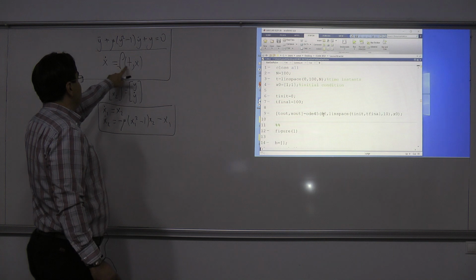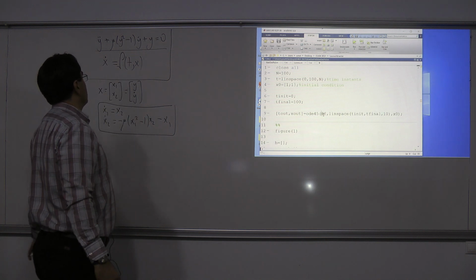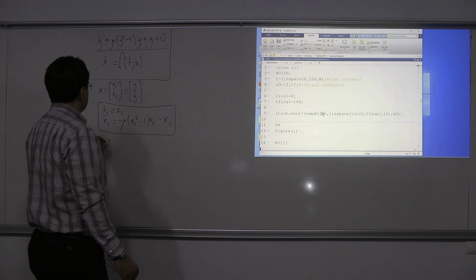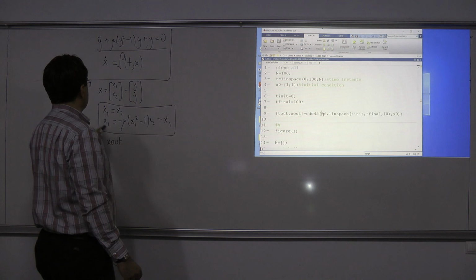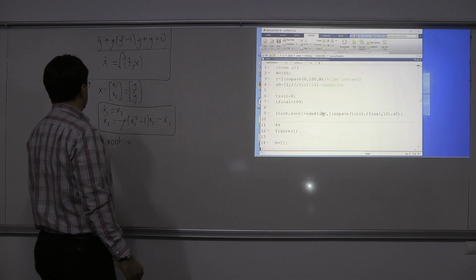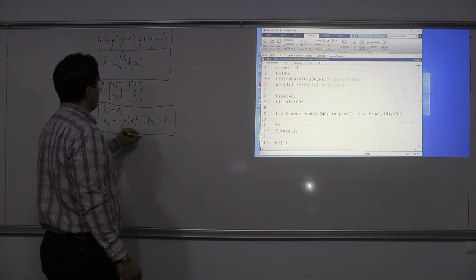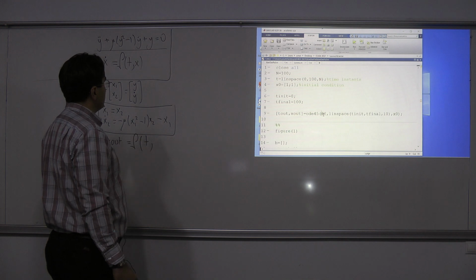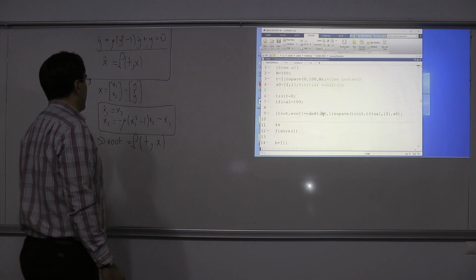So this f function is just an implementation of the right-hand side. So the f function outputs this x out, the right-hand side of this differential equation, and this is in MATLAB, so you need to write a function f which takes t, and it needs to take also x.